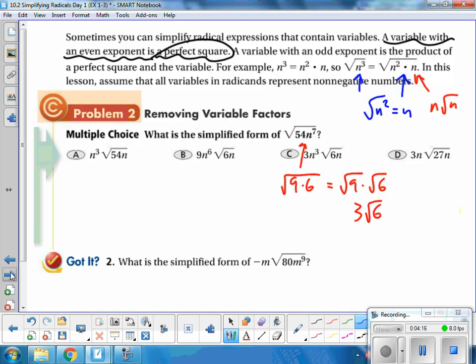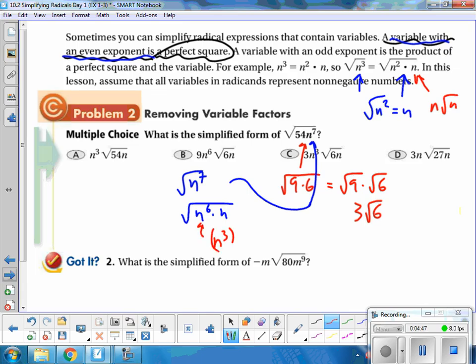If I interact with my variable, which generally I'm going to do with the whole process, but I'm going to break it apart just for this moment. I've got the square root of n to the 7th. Now remember up here, I'm going to be looking at a variable with an even exponent. So I'm going to break this into pieces to get an even exponent, like for instance, n to the 6th times n. N to the 6th is equal to n to the 3rd power squared.